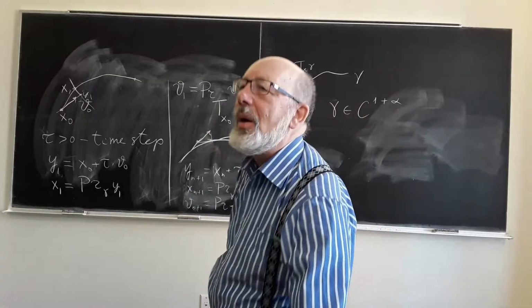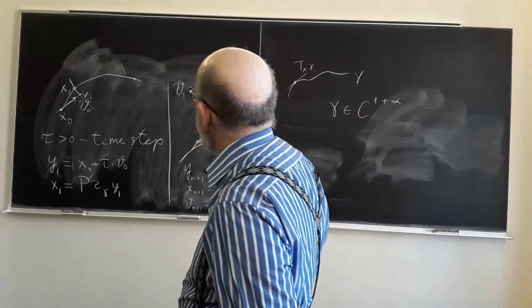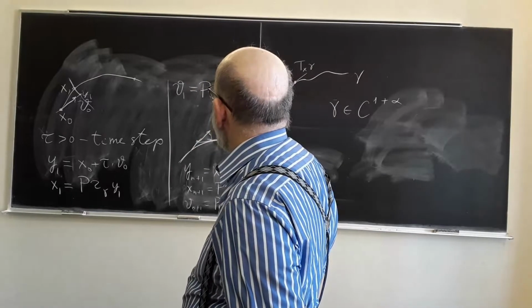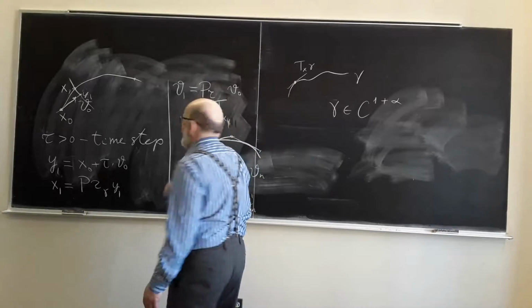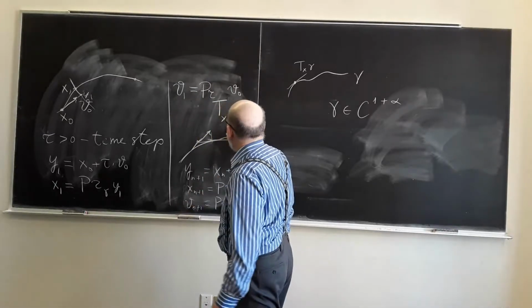So the v1 should, I think, be the projection of v0 on the tangent at x1, no? The tangent at x1, yes. Of course, thank you.